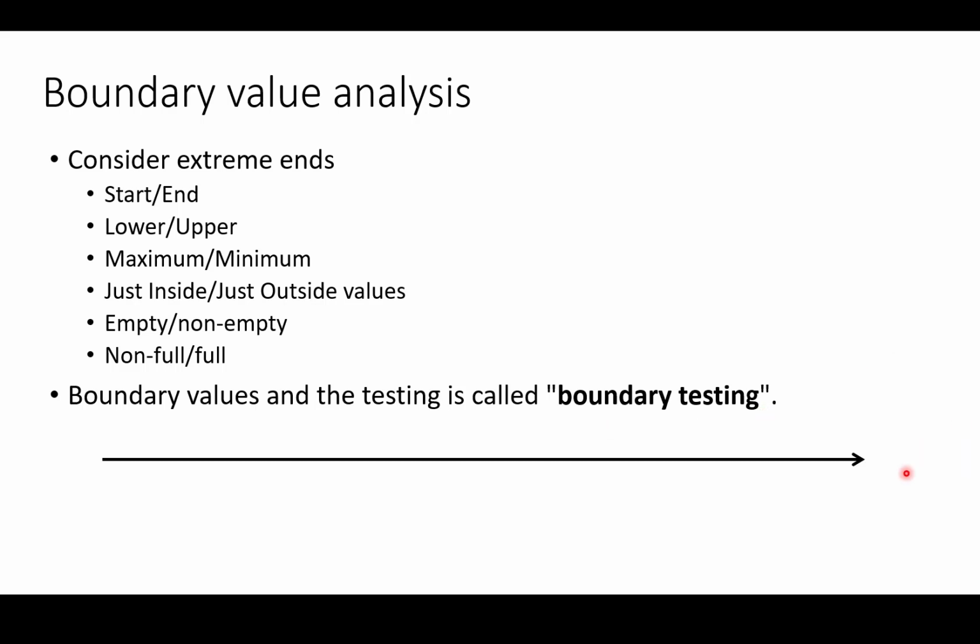So I have a line of input values, and we have a lower bound and upper bound, and I want to create test cases around the lower bound, around this boundary. So I test with the minimum value, I test just above the minimum value, and I test just outside if possible. For the array list, if the minimum value is 0, I can probably not test with -1, but if I can, then maybe I should. So we have some tests on both sides of the border and verify that the behavior changes here.